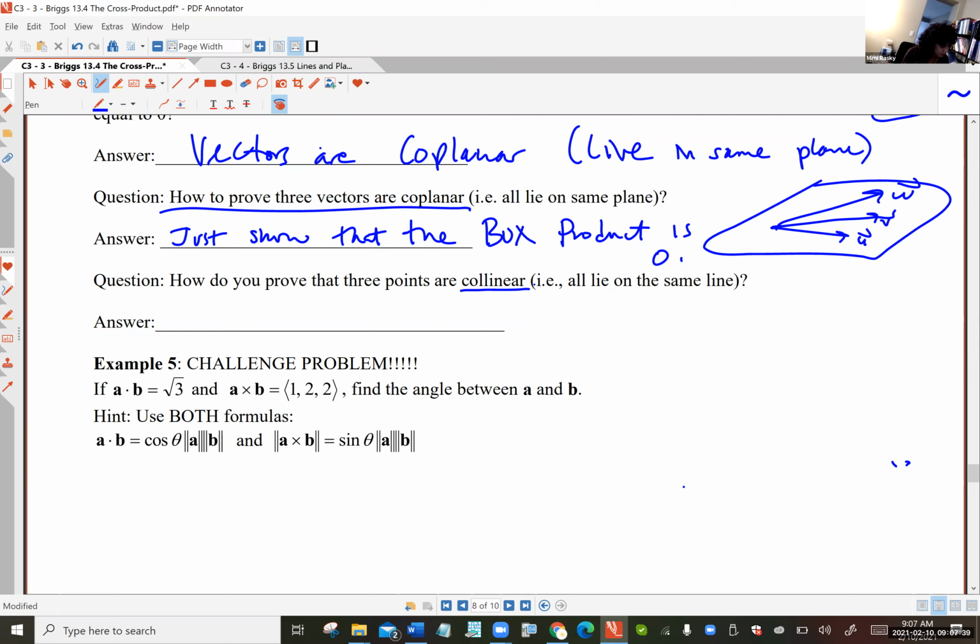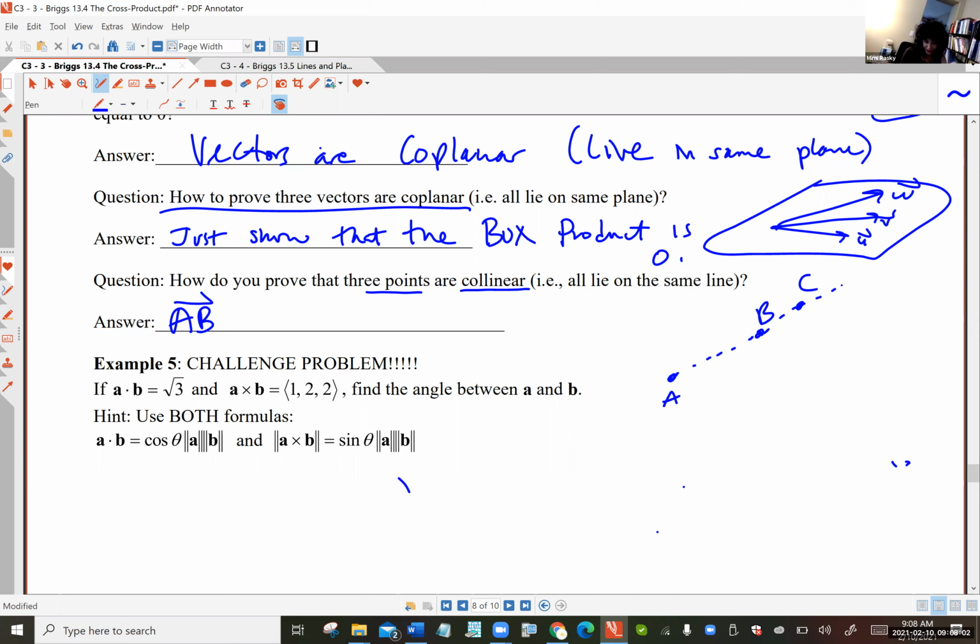Okay, so the way that you can prove 3 points are collinear using cross product is if you first form the vector AB. So here's A. I'll just draw 3 points that are indeed collinear. And let's say C is right here. Do you see that? That's not a very nice straight line, but that's supposed to be all living on the same line.